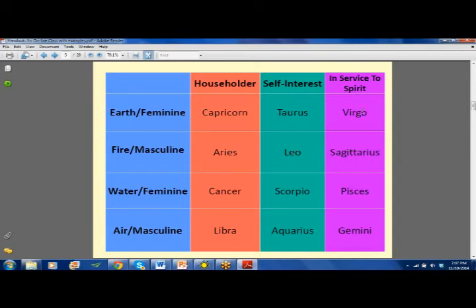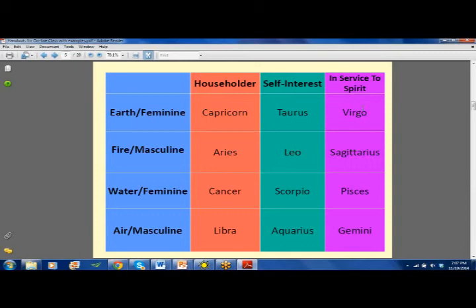And even though, for example, Capricorn, Taurus, and Virgo are all earth signs, they are operating in a different modality. They have a different function or different way of operating, and so they don't necessarily have an easy conversation. They can have an easy conversation from the perspective of earth, but from the perspective of self-interest, Taurus may not really understand Virgo and Capricorn, or Virgo and Capricorn may not really understand Taurus.